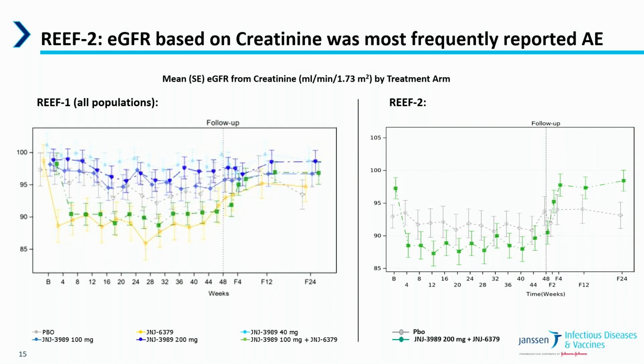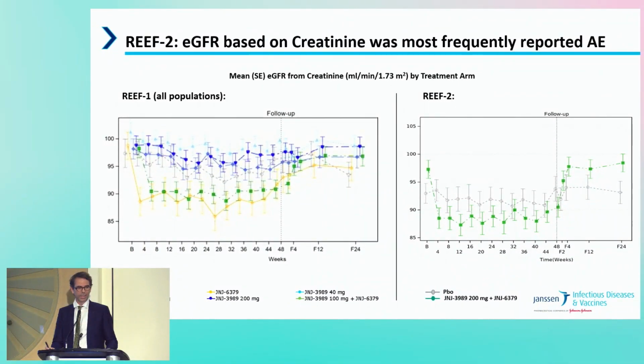And that was now also seen in the Reef-2 study, something where we would clearly say this pattern looks more like a transporter interaction in the elimination of creatinine. All this observation only if we calculated EGFR based on creatinine, and much less so, if at all, if we looked at cystatin C in more recent studies.